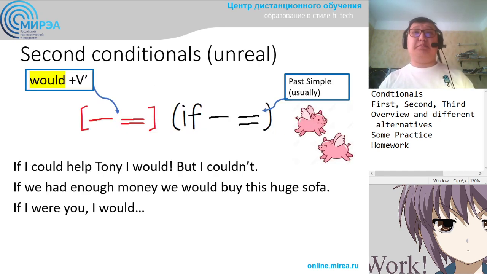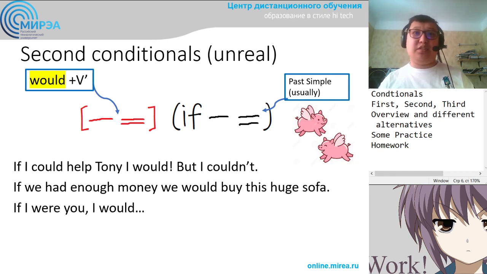So second conditional sentences we turn into unreal cases, unreal scenarios. But who decides what is real and unreal, what is possible and what is impossible? That's the person who is speaking. If you think that this is unlikely to happen, that this is not a real situation, you can use second conditional instead of the first one.